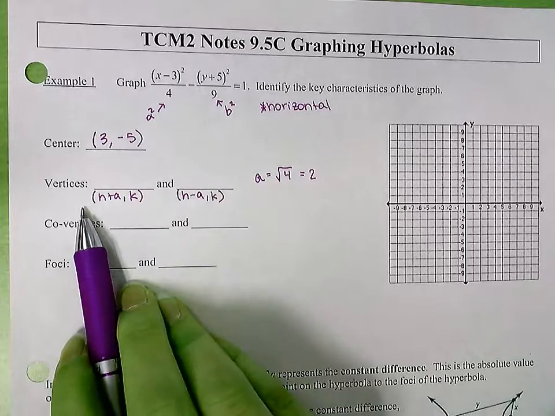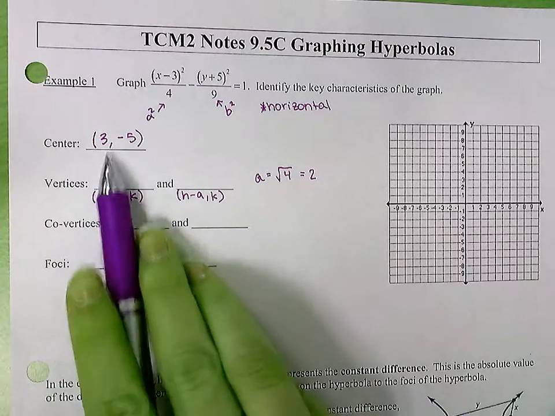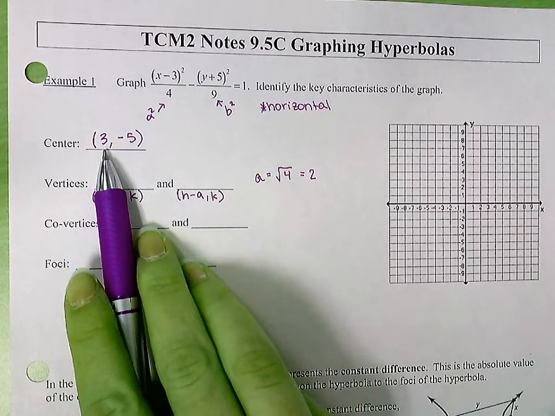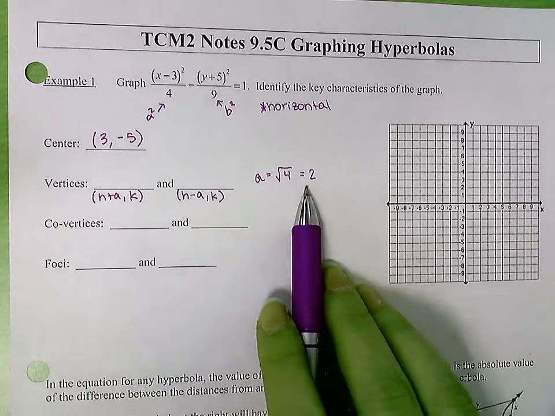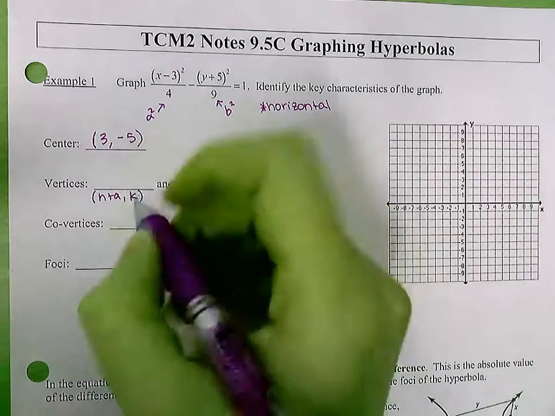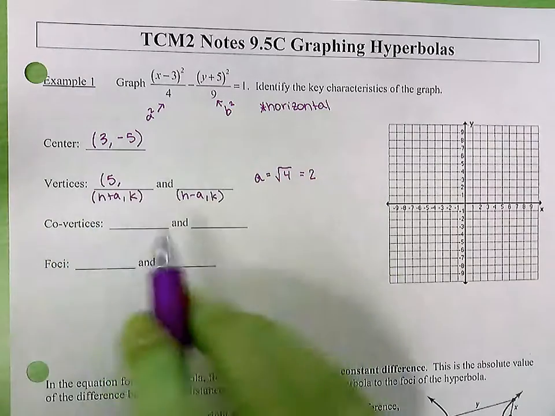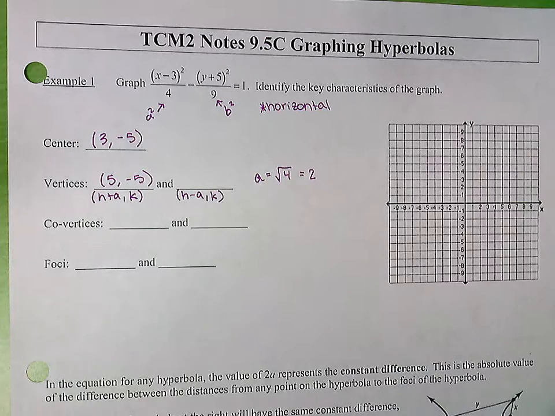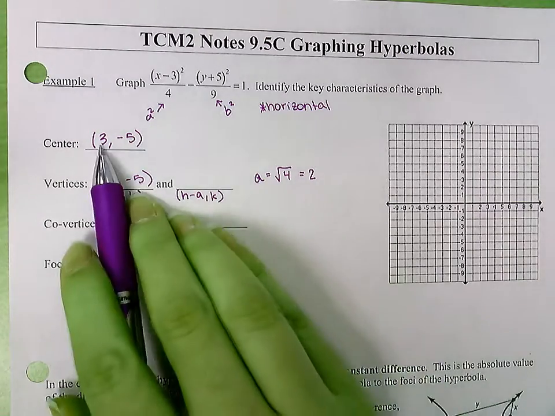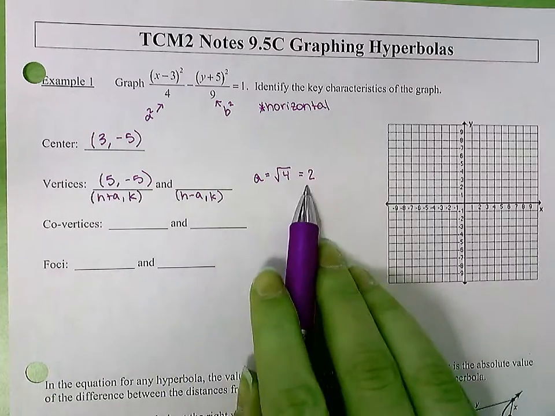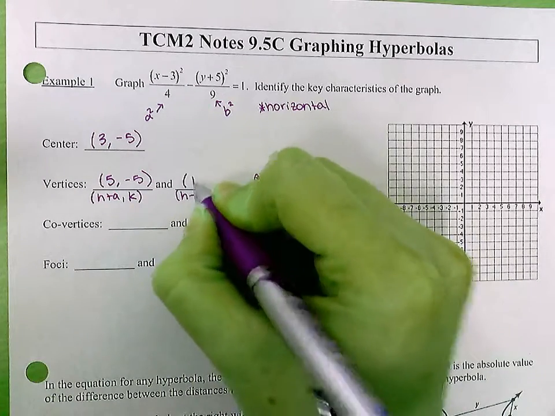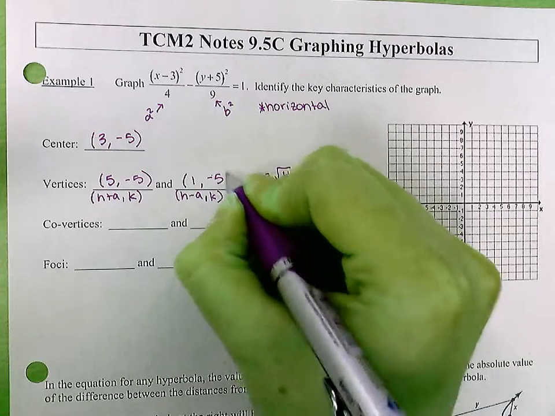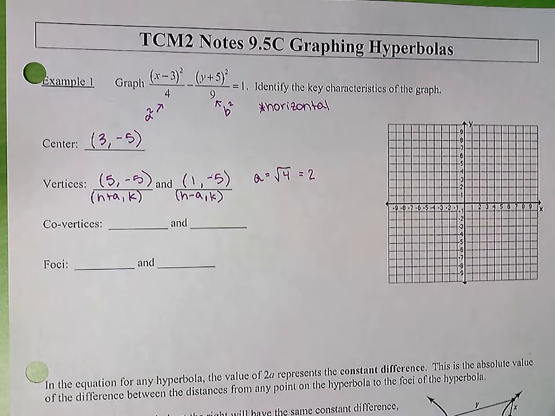To find my first vertex, I'm going to take 3 and add on a, which is 2. So we have 5, and then our k value is -5. Now we have h, which is 3, minus 2. So we have 1, -5. Yep, k stays the same.